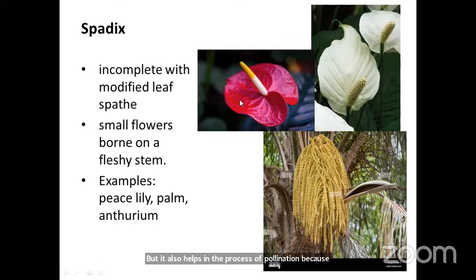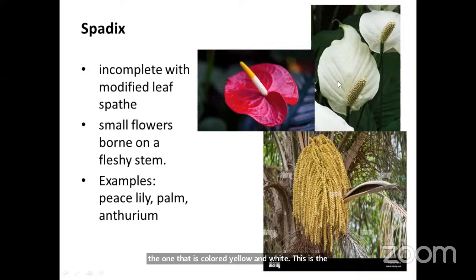So we call this red colored part of the anthurium plant the leaf spathe. The actual flower is the one colored yellow and white.